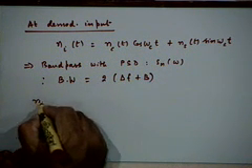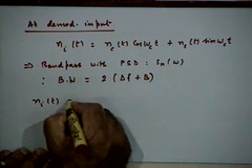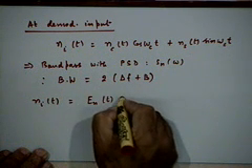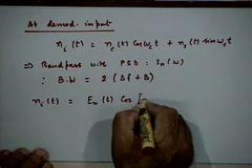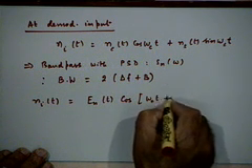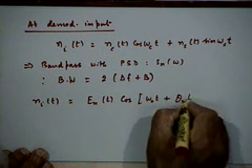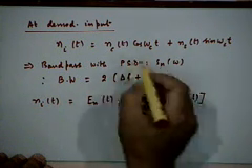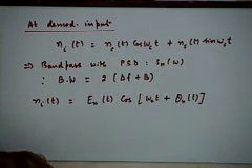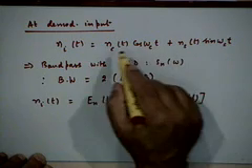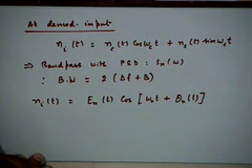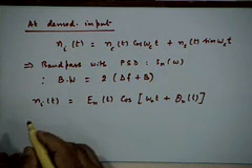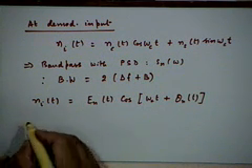Alternatively, we can also write n_i(t) in terms of its envelope E_n(t) into cosine(omega_c t plus theta_n(t)), right, where E_n(t) is square root of n_c squared plus n_s squared and theta is tan inverse of n_s upon n_c. Or you can write other similar equations.